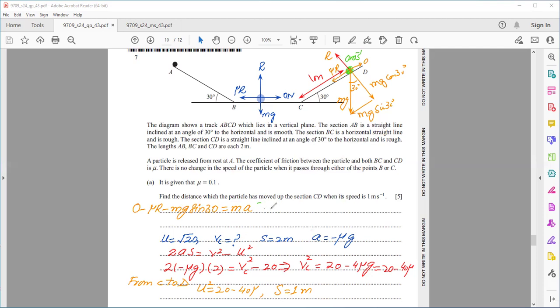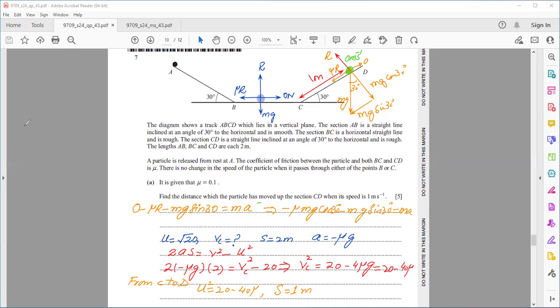What's the value of R in this case? It is mg cos of 30 degrees. So minus will remain as it is, mu will remain as it is, R means mg cos of 30 degrees, minus mg sine of 30 degrees, and that will be equal to m times a.